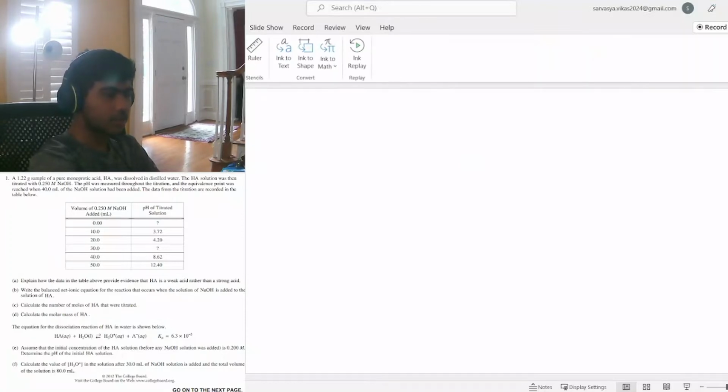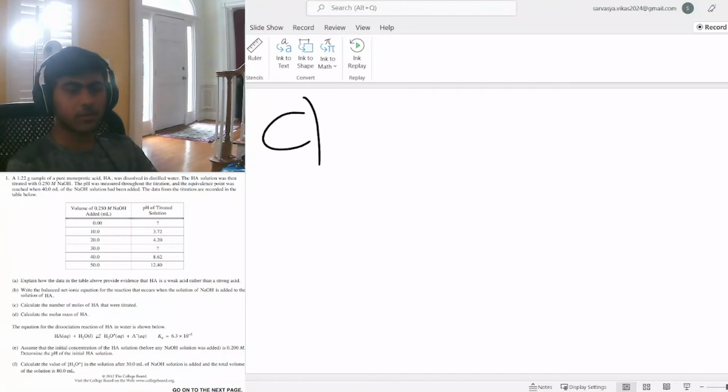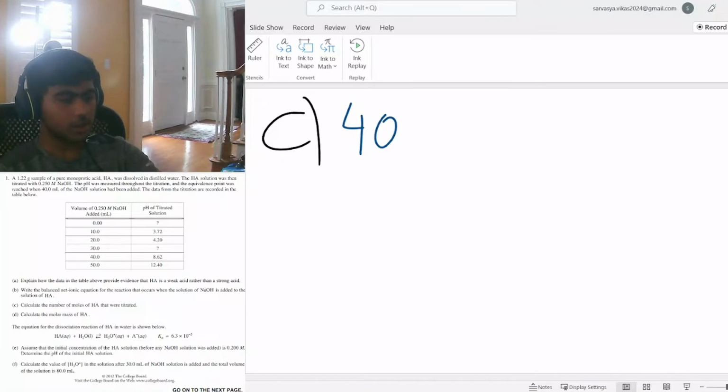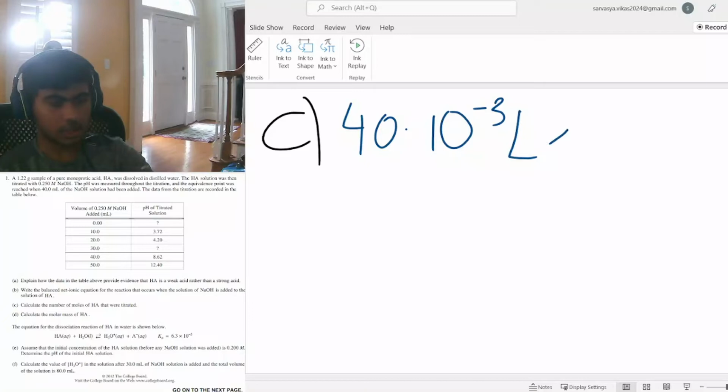Alright, next part is to calculate the number of moles of HA that were titrated. Well, the equivalence point was at 40 milliliters, so we have 40 milliliters, or 40 times 10 to the negative 3 liters, times 0.250 molar.